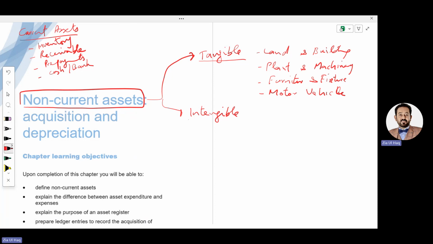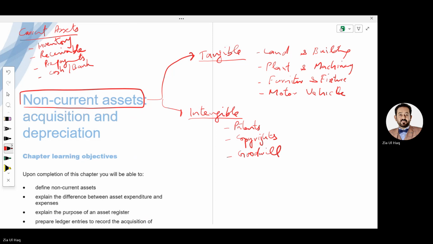What are intangible assets? Assets that we cannot see or touch: patents, copyrights, goodwill. What is goodwill?